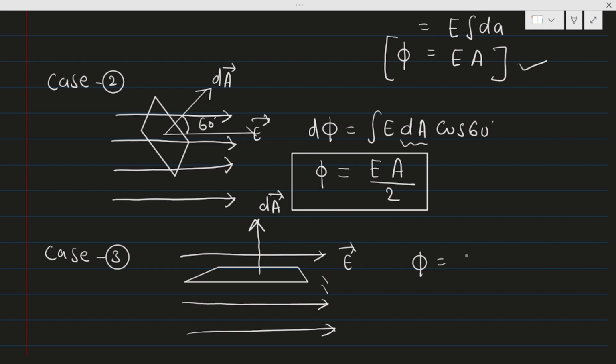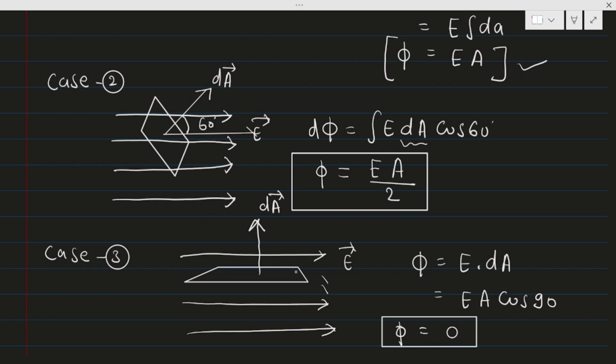So phi is E A cos 90, and this is 0. So no field lines pass through this plane when it is kept parallel to the electric field. So we discussed 3 cases like this.